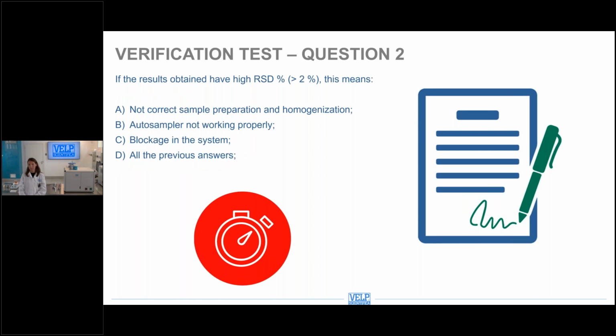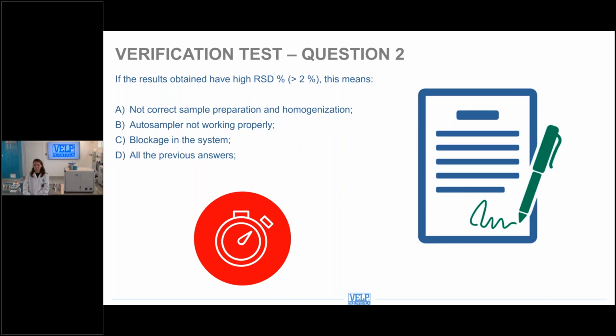So if the results of my sample have low reproducibility, the relative standard deviation higher than 2%. This means A, not correct sample preparation and homogenization of the sample. B, autosampler is not working properly. C, we have a blockage in the system. D, all the previous answers.